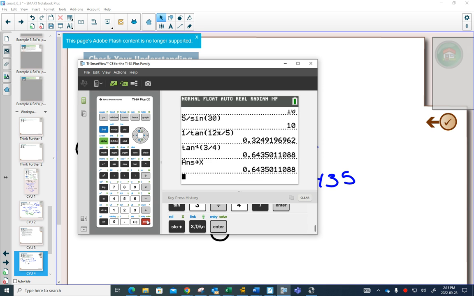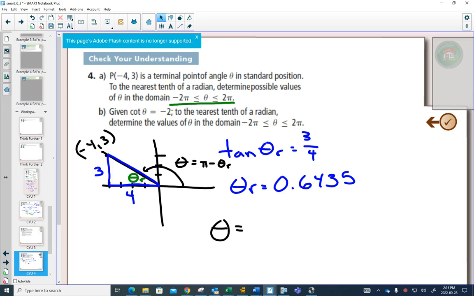And so now it's remembering that x is equal to this, which is nice because I now want to go pi minus this number, but instead I can just write pi minus x. And I get 2.5498. Does it say to the nearest tenth? 2.5. This would be the only answer from 0 to 2 pi.